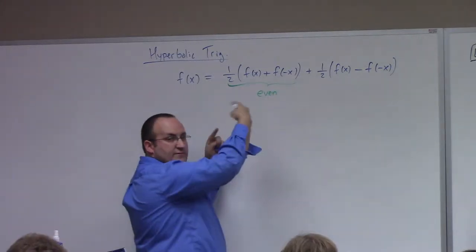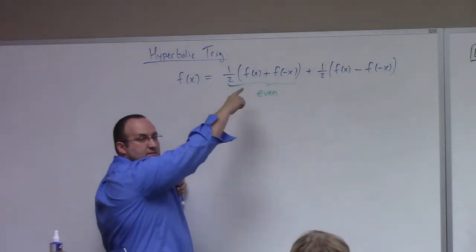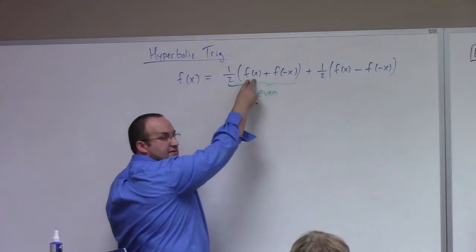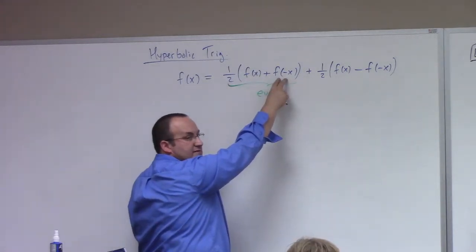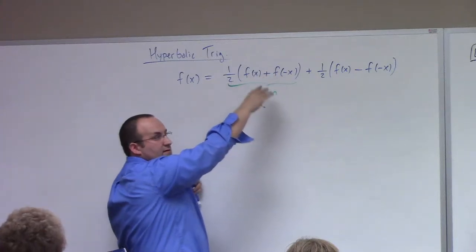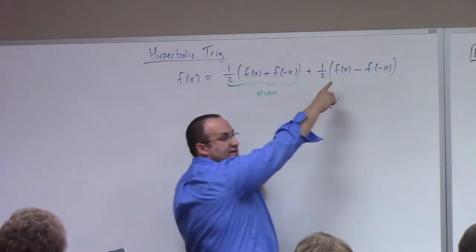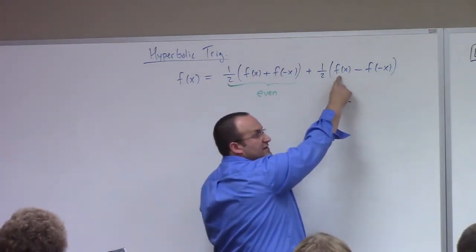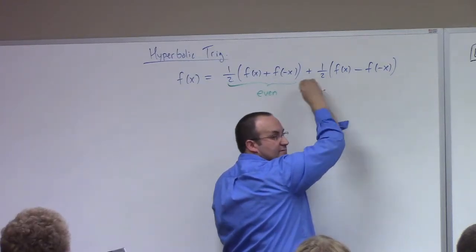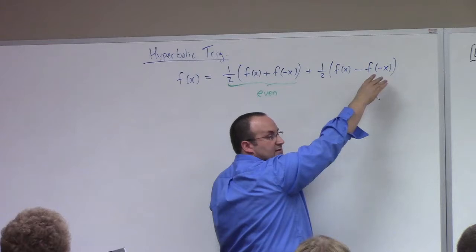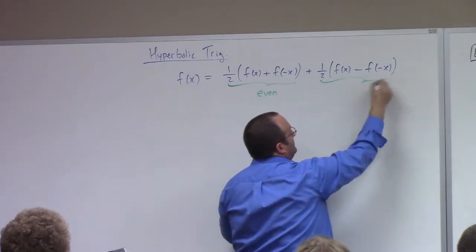If you replace x with minus x, this becomes f of minus x, and this becomes f of x. So it's the same thing again. What happens when you replace x with minus x here? You get f of minus x, and then you get minus f of x. So this goes to minus what it starts with. In fact, this is odd.